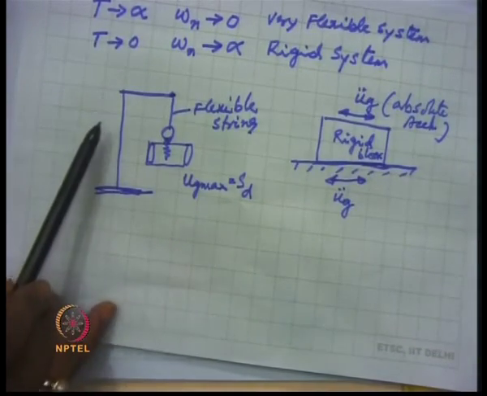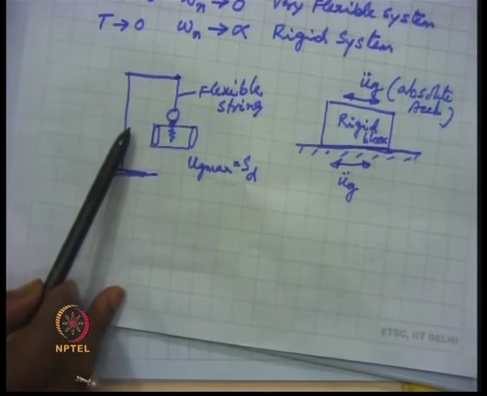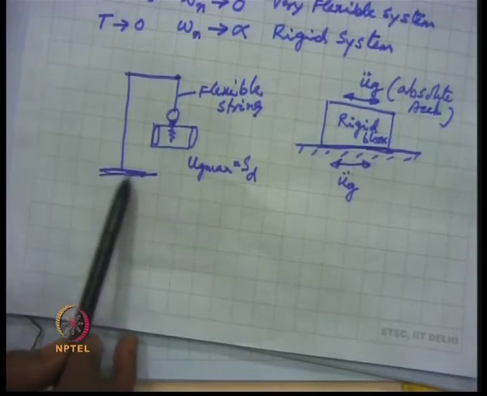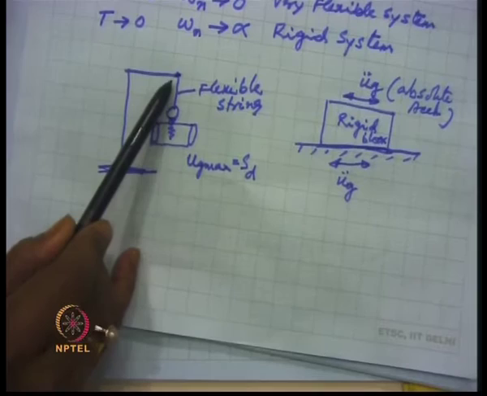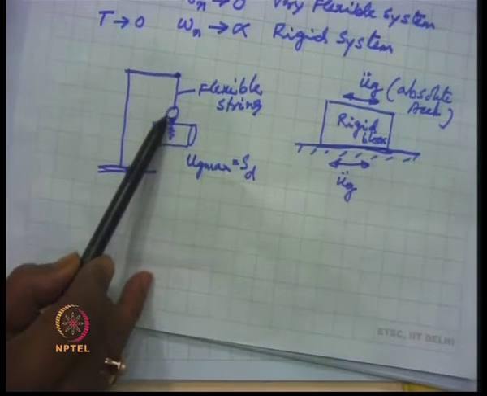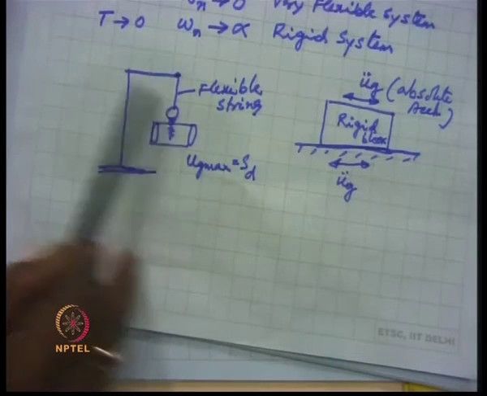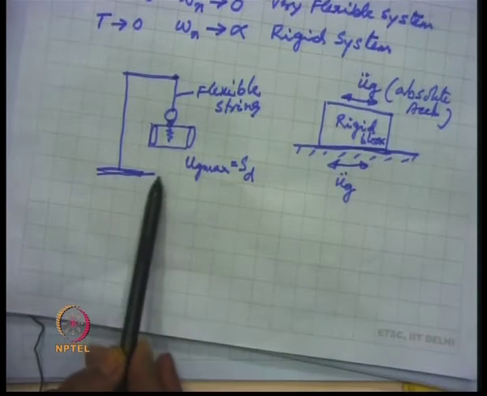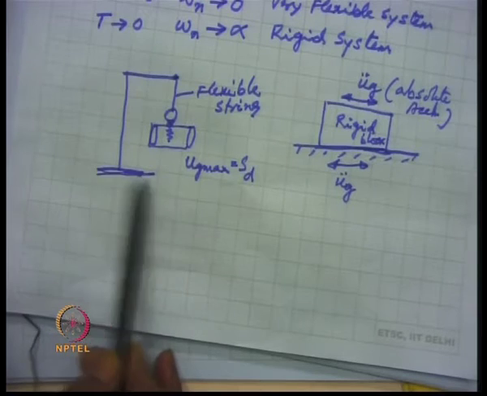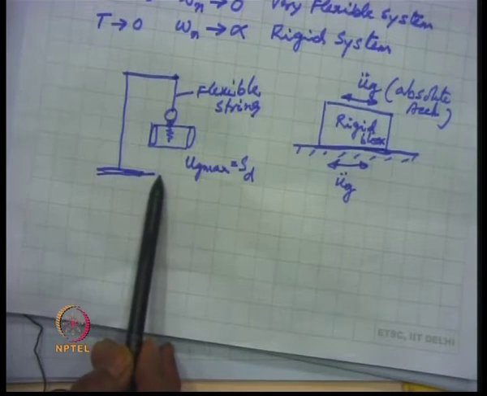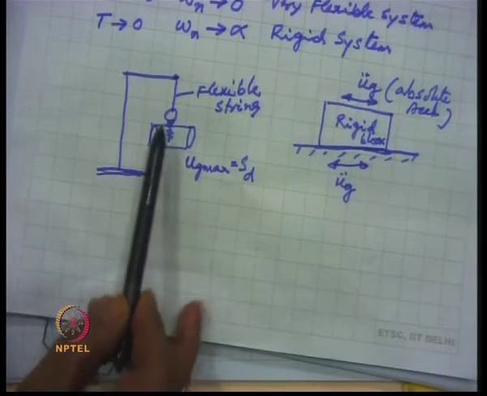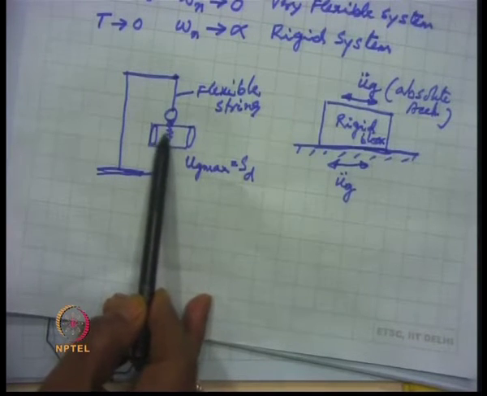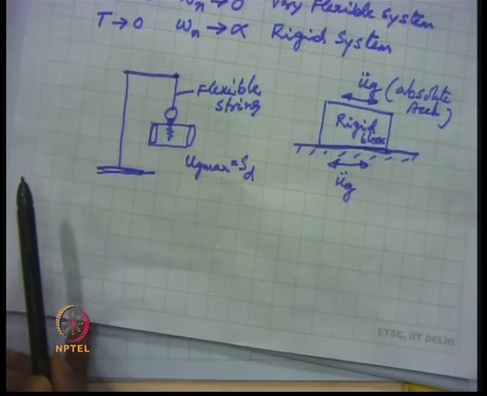One such system was shown for the earthquake measurement equipment, that is there was a bracket and from that bracket a bob mass hangs with the help of a flexible string, and there was a drum, and as the ground motion takes place in this direction, then the bob goes on tracing the ground motion on this chart paper.